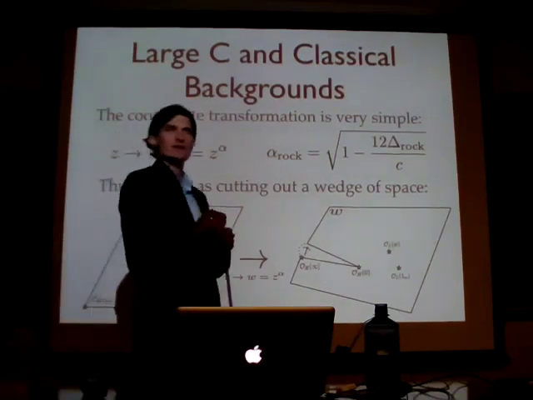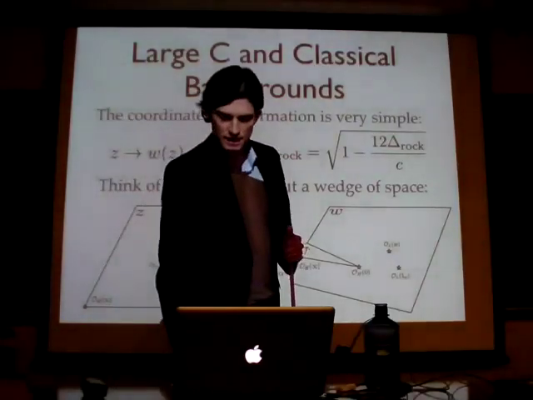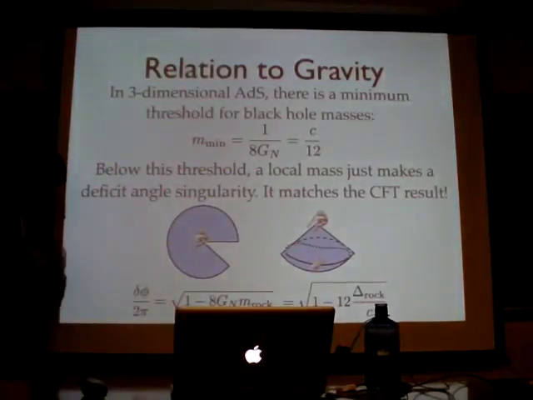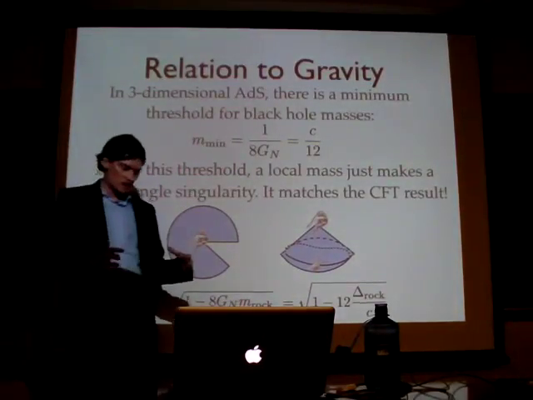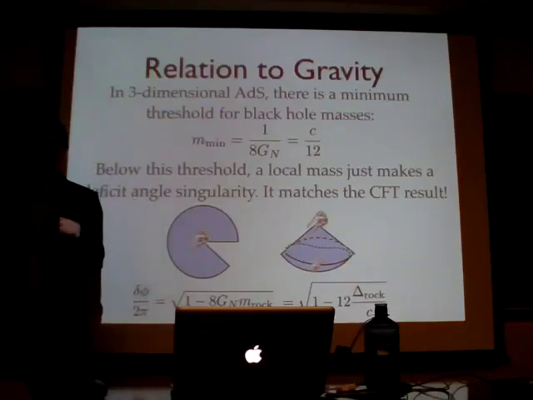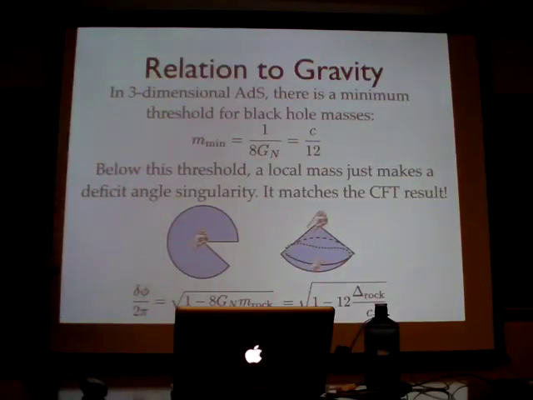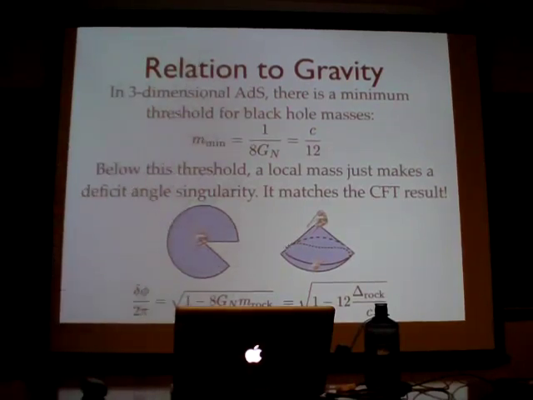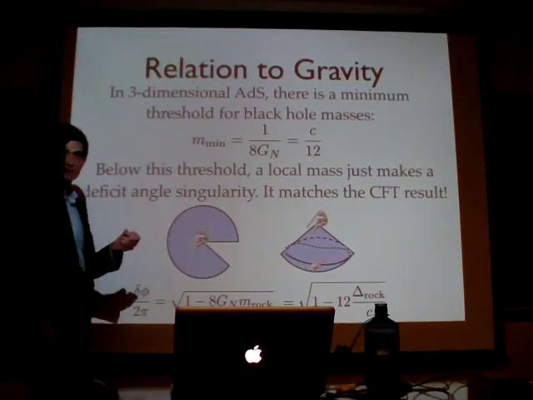Now how does this relate to what happens in gravity? Here you should think about the analogy in gravity: instead of some heavy operator with a large dimension, you have some heavy point source of energy, which is very energetic. It's known that in 3-dimensional AdS gravity, there's a minimum threshold to make black holes.